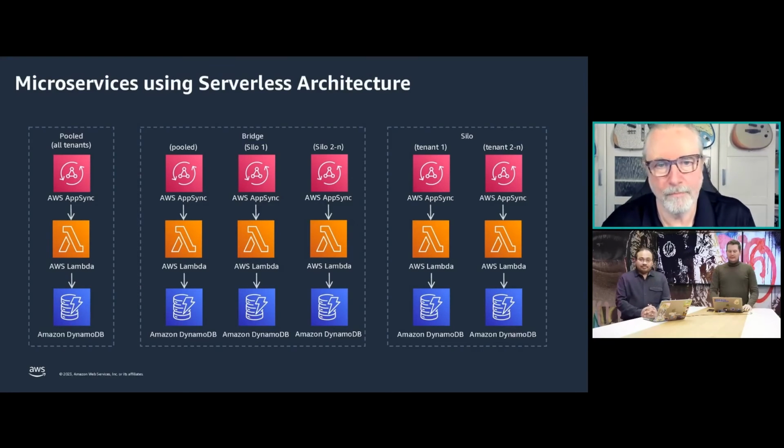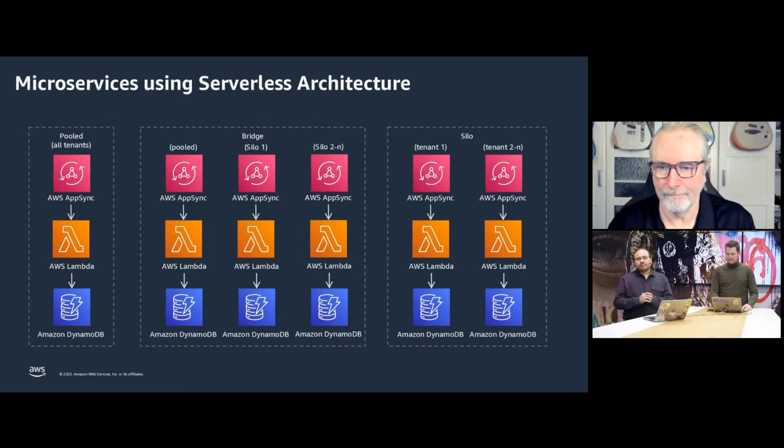Definitely. As part of application modernization, we also see customers building their applications, specifically SaaS applications, using the serverless architecture model as well. And as I mentioned earlier, we also published, as part of AWS SaaS Factory, reference architectures and some cool workshops around this.